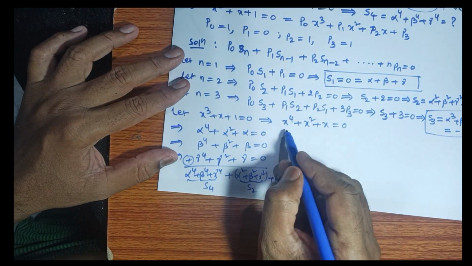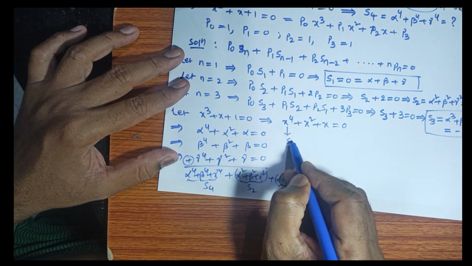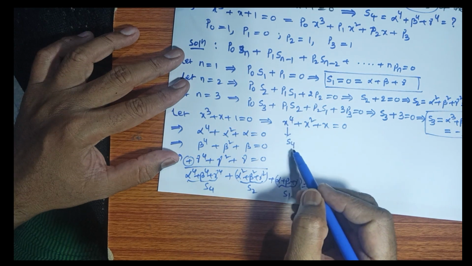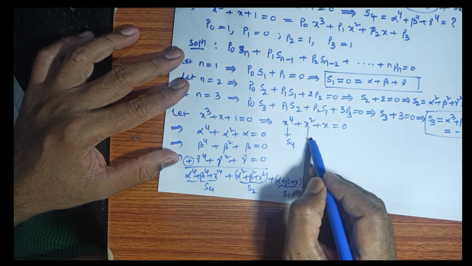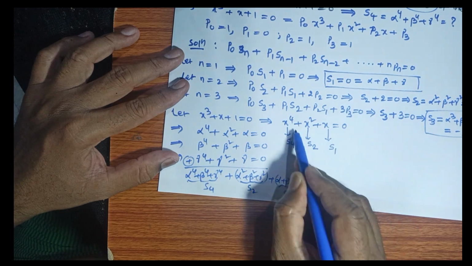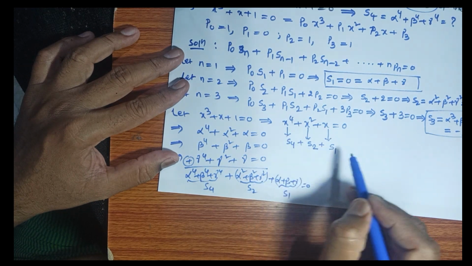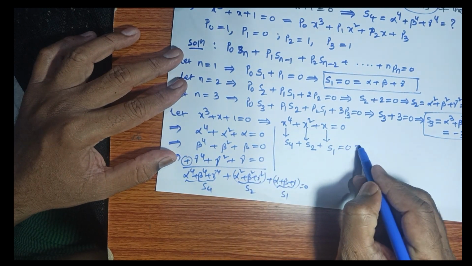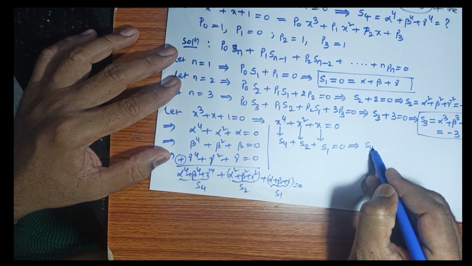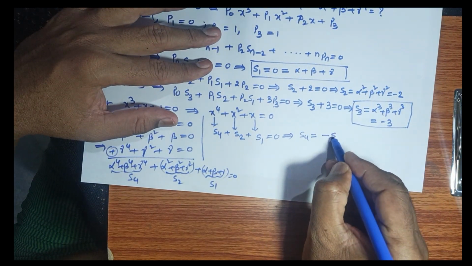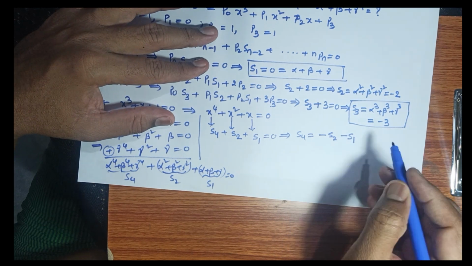So directly in this equation you can write S4, S2 and S1 added is equal to 0. What we require is S4, which is equal to minus S2 minus S1.